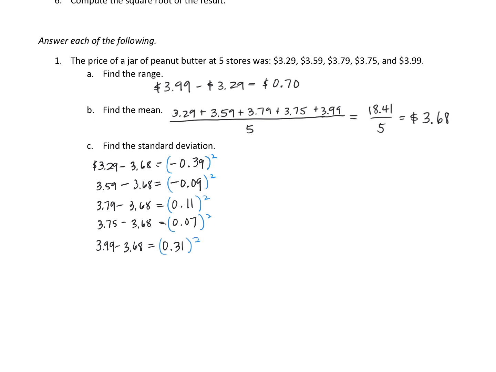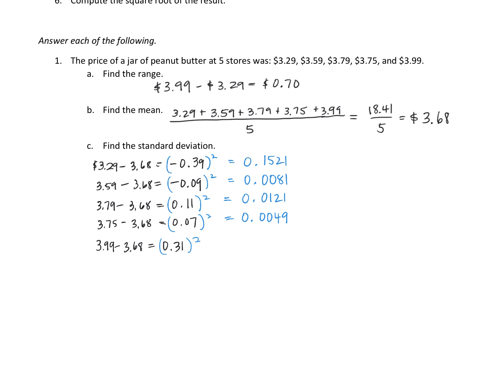So 39 cents times itself is 0.1521. 9 cents squared is 0.081. 11 cents squared, 0.0121. 7 cents squared, 0.0049.